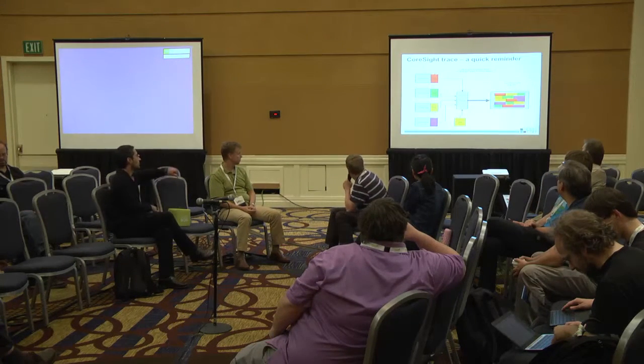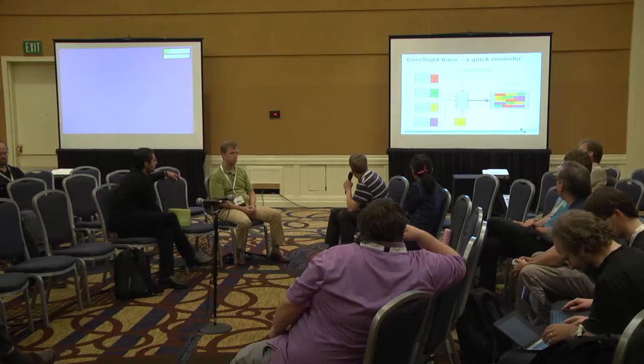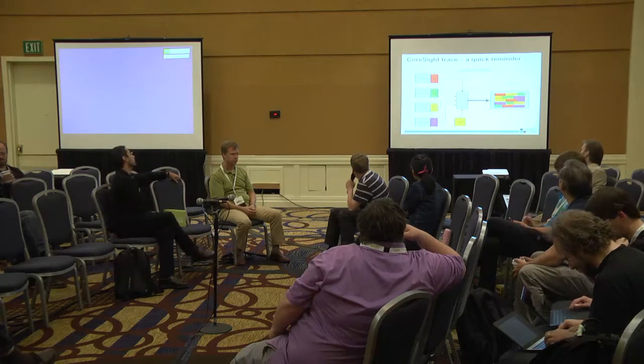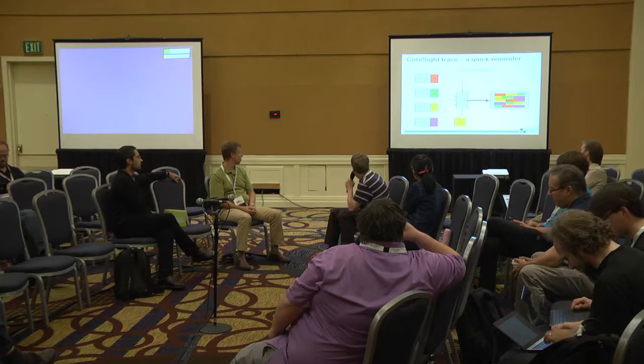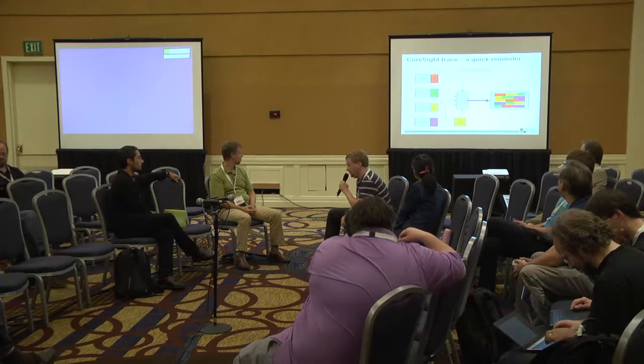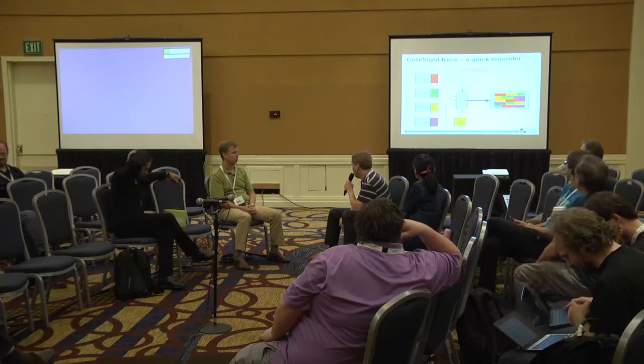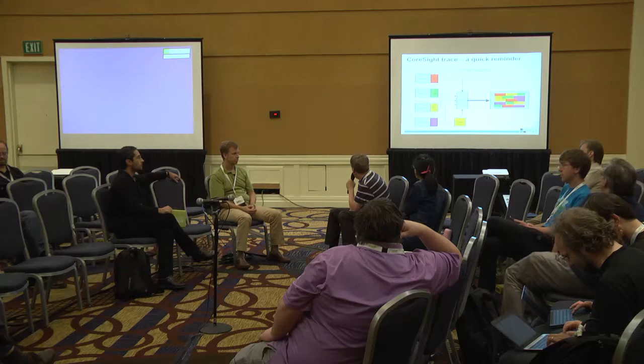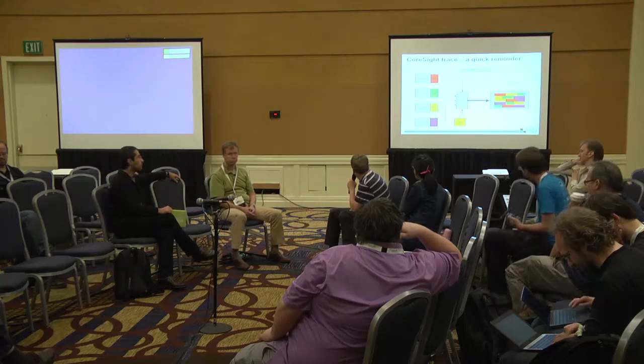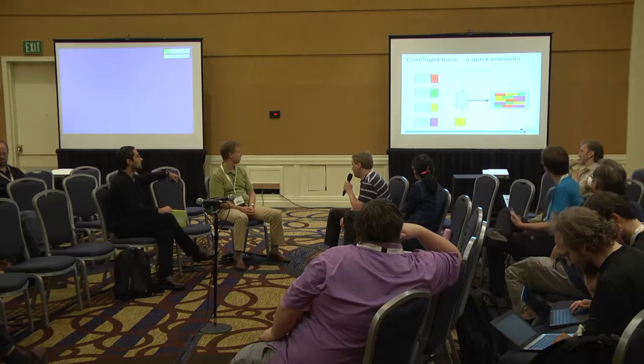This is a quick reminder of what CoreSight Trace looks like. You have a number of Cortex cores. Each has an ETM, or in this case I'm using ETM to mean either ETM v3 or 4, and could be a PTM. At some point, some program will program up the CoreSight components.